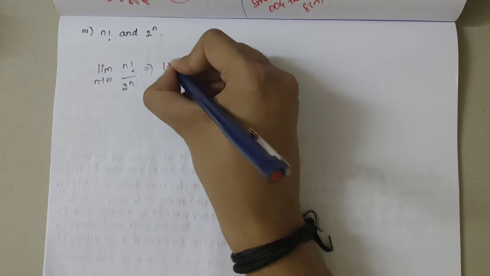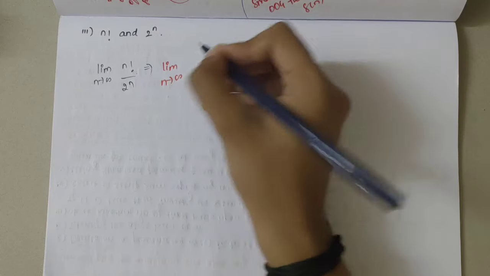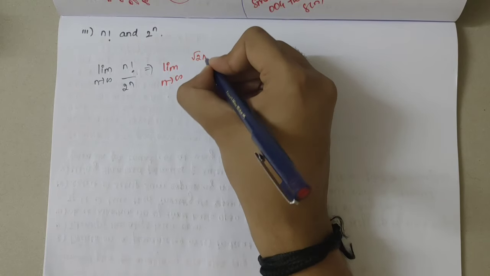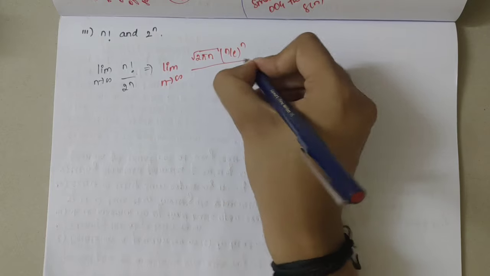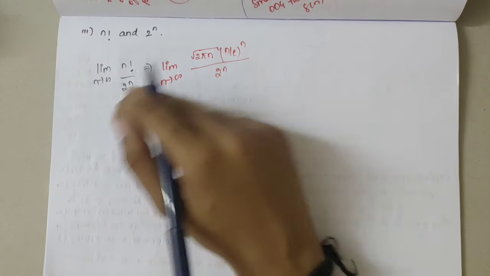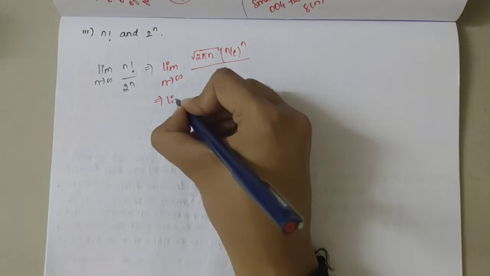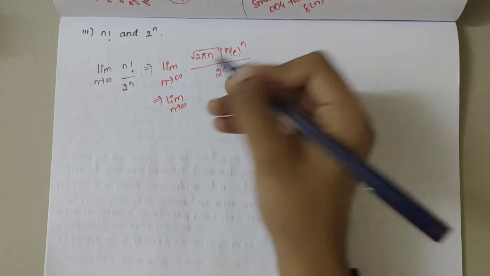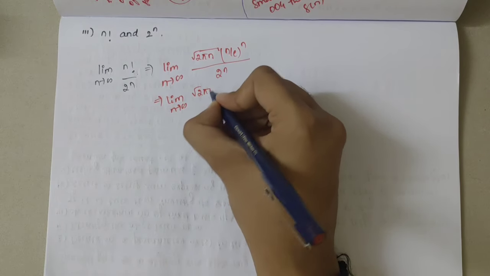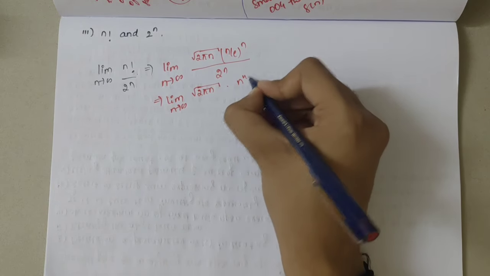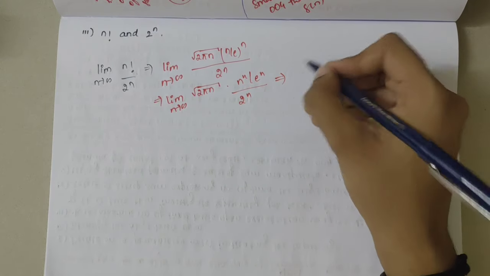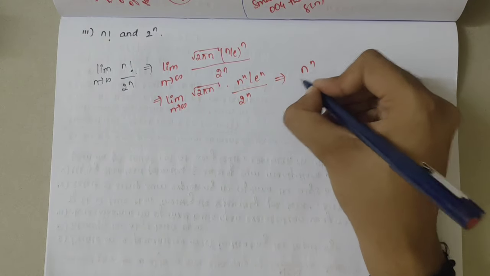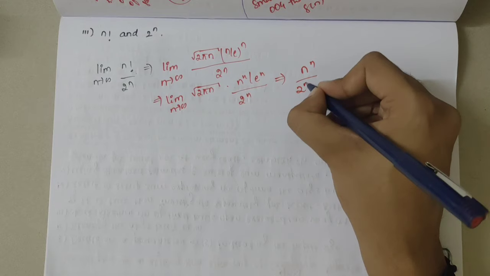So this I can write as limit of n tends to infinity under root 2 pi n, n by e power n, by 2 power n. Further solving this, 2 pi n, let's take it outside. Solving this further, I can write n by 2n e n.